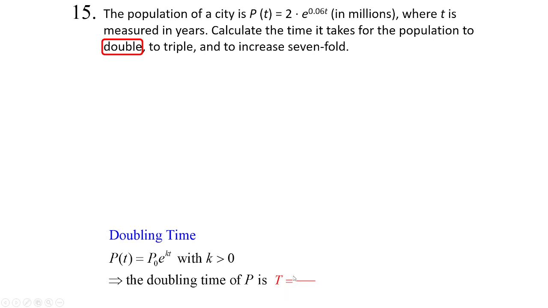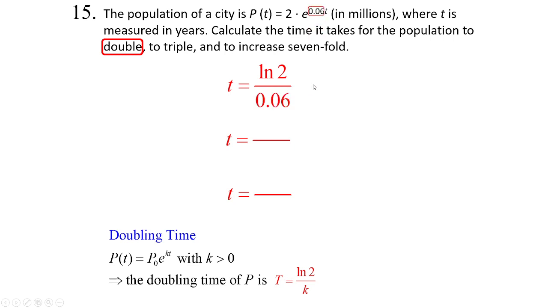All you're going to do is natural log of 2 over the k right here. Now, watch this. If I want this to double, I'm going to go to the natural log of 2 over, and isn't my k 0.06? There it is right there.